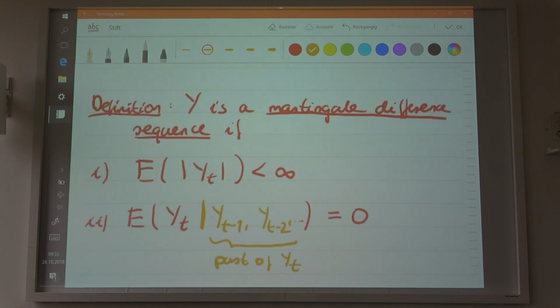The basic properties are captured by example or exercise 2.3, but I'm going to do that next Thursday. Okay, that was it, guys. We stop here, and I'll see you Thursday then.